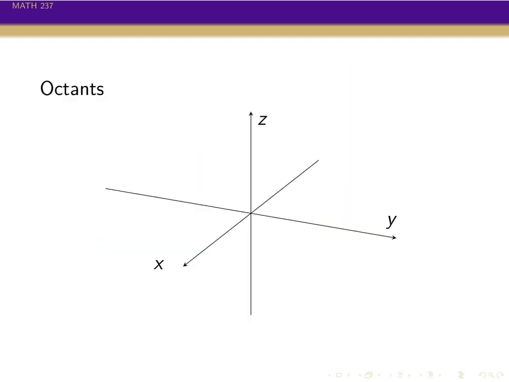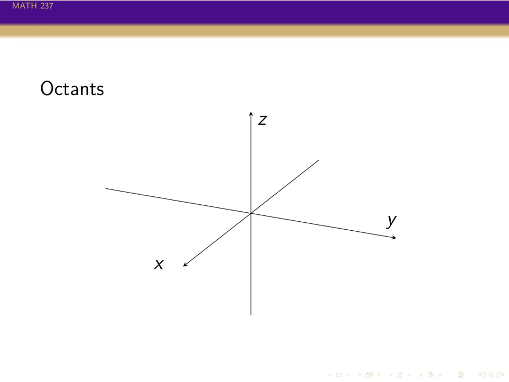Okay, so whereas the xy plane is broken up into quadrants, if we do the same thing in terms of the axes, we actually get 8 different places, and we're going to call them octants. Now we're not going to number these. I don't think anyone would really remember any numbering system.